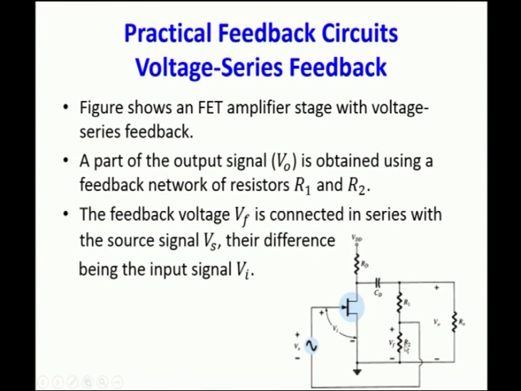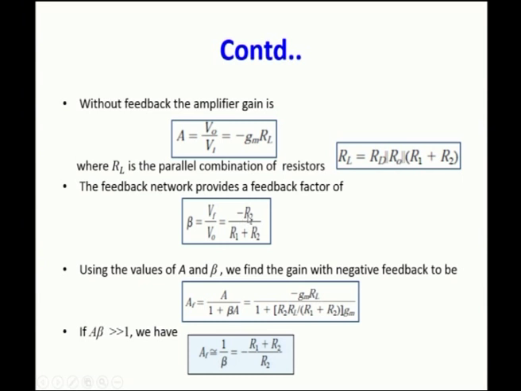So, what is Vf now? According to the potential divider rule, it is R2 into V0 divided by R1 plus R2, but it is given to the negative terminal, so you have to take a reverse polarity. So, minus R2 by R1 plus R2 into V0 will come here. If you take the gain factor of the feedback network, V0 can come to the left hand side denominator.